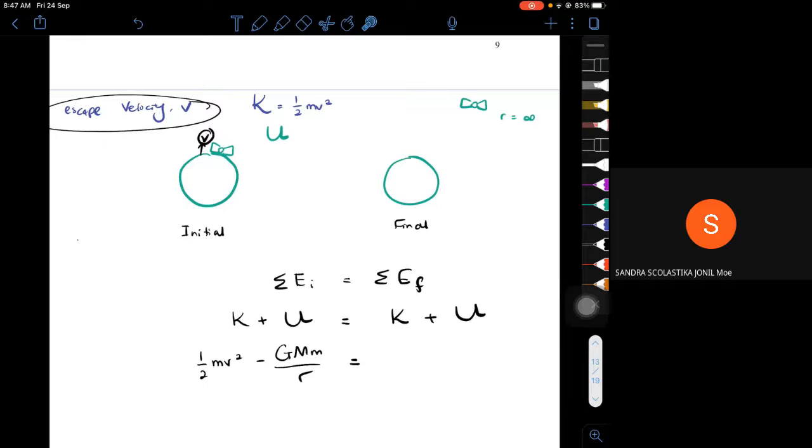And then we look at the final. Alright, now, say the object has moved very far. Eventually, at one point, it will stop, okay, because when we throw the object forever from the earth, eventually it will stop. When we talk about its final position when it is very far, eventually it will stop, it will just float. So we say at this point its velocity is 0 because finally it will stop.